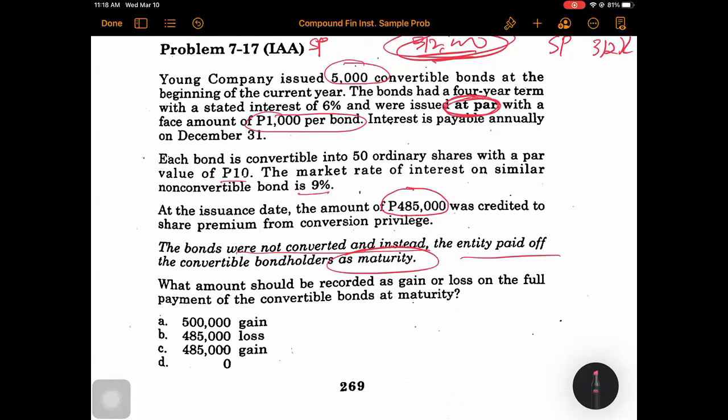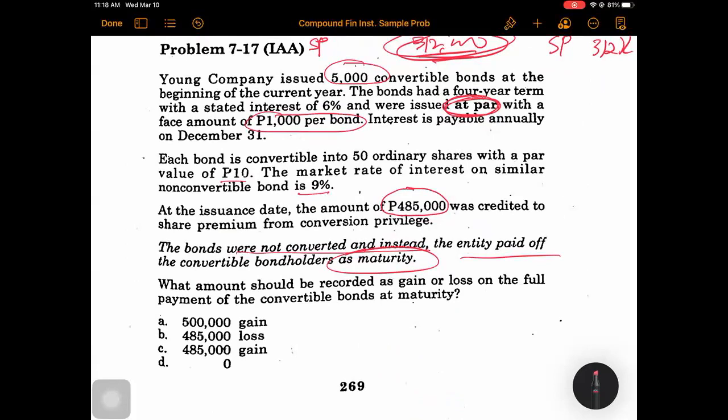Question, pila atong liability component ani? Unsa atong buhaton? Naa bay market value given? Wala ang market value given, so unknown ang market value. Therefore, we use present value. We have 6% nominal interest rate and you have 9% effective rate.